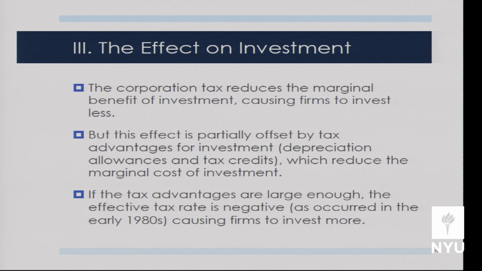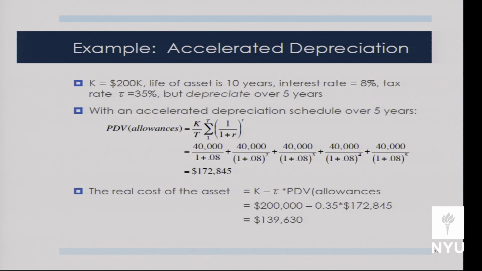So the way we're going to model this is we're going to think of the corporate income tax as reducing the marginal benefit of investment. Then we're going to start putting in the depreciation allowances and the investment tax credits, and that's going to partly offset the cost of investment, right? That's what we saw, that this whole calculation was about how depreciation allowances reduce the cost of investment. The initial cost of investment was $200,000.